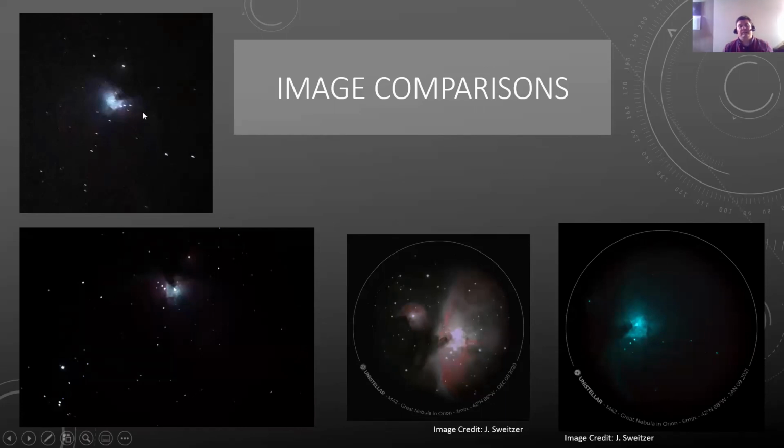What's nice about this, just for the visual person that I am, is that this was done with a prime focus DSLR. If you look at the train of stars, this went this way. On here, it's the mirror image because I had a diagonal. So I was doing afocal with an eyepiece and diagonal, so I had a mirror image of what's down here.